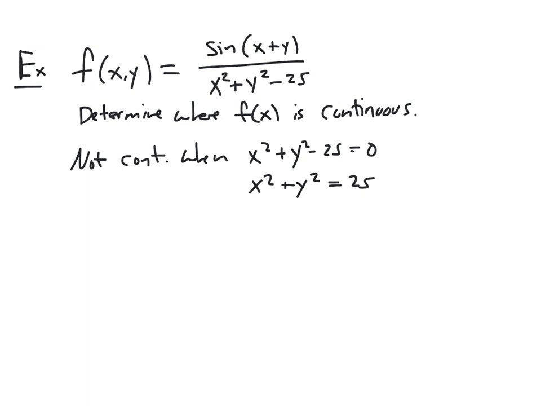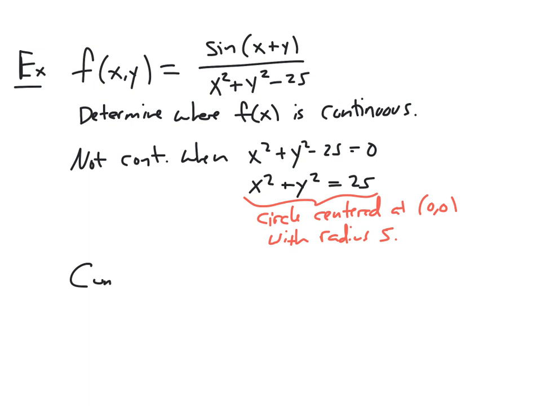And so it's not continuous when we are on this circle, which is a circle in the plane centered at the origin with radius 5. So this particular function is continuous everywhere except on that circle. Everywhere else, this function is continuous.